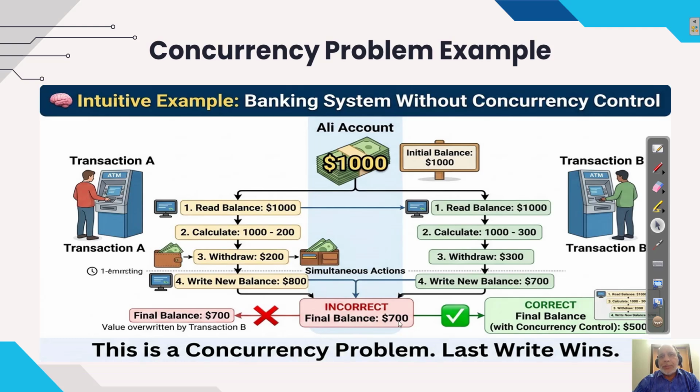So the final result is $700, which is wrong, because one user withdrew 200 and the second user withdrew 300, so the correct answer should be $500. This is the typical concurrency problem. If there is no concurrency control in a banking app, this type of problem will be seen, right? The last write wins. Because transaction B has the last write, the final balance is $700.